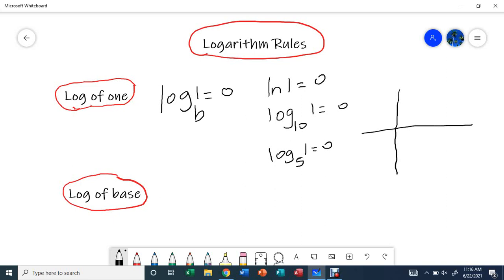As I mentioned, 1 is the x-intercept for log. So this is y, this is x, and this is 1.